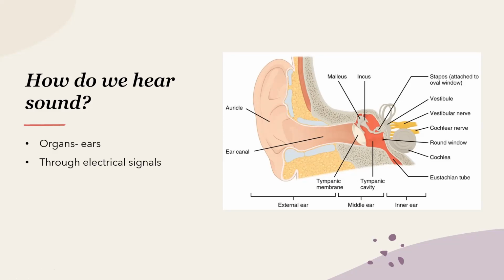When it reaches the eardrum, the vibrations of air molecules make the eardrum vibrate. And when the eardrum vibrates, it sets up vibrations in the hammer, the anvil, and the stirrup.